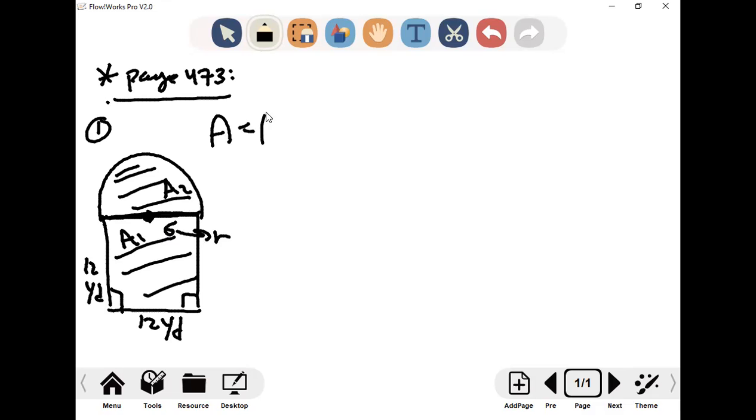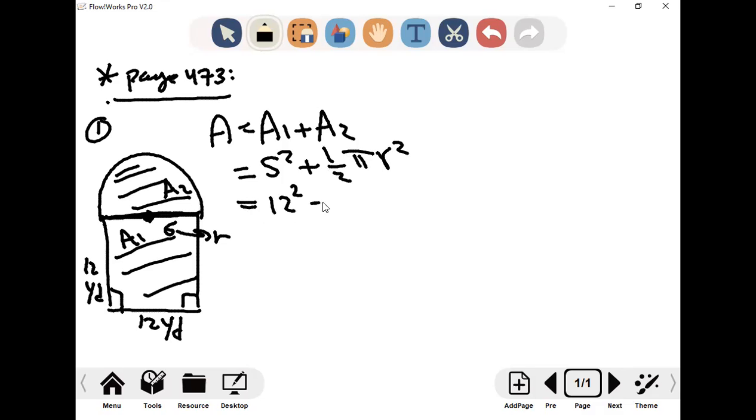A equals A1 plus A2. A1 is the square, s to the power of 2. A2 is the semicircle, half times pi times r to the power of 2. Now put the numbers: 12 to the power of 2 plus half multiplied by pi, which is 3.14, and the radius, not 12, 6 to the power of 2.